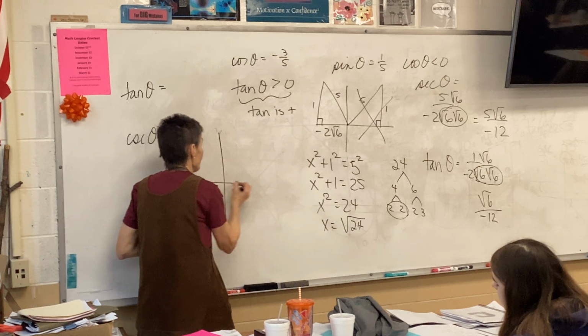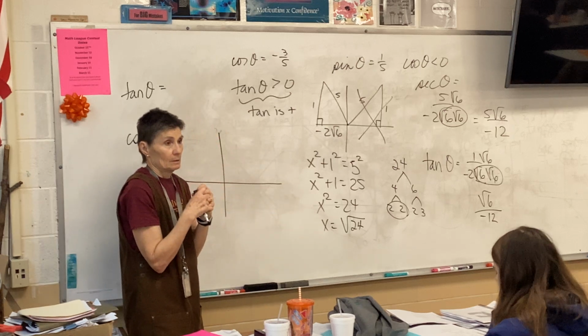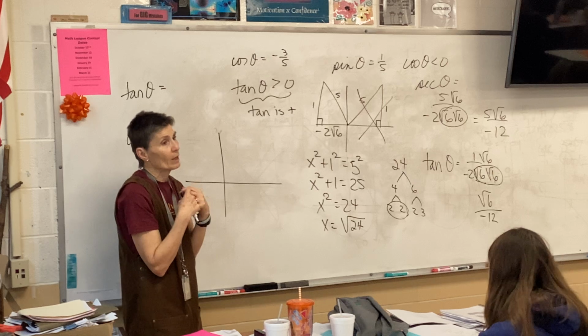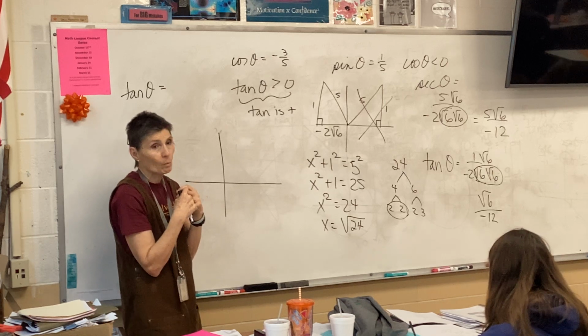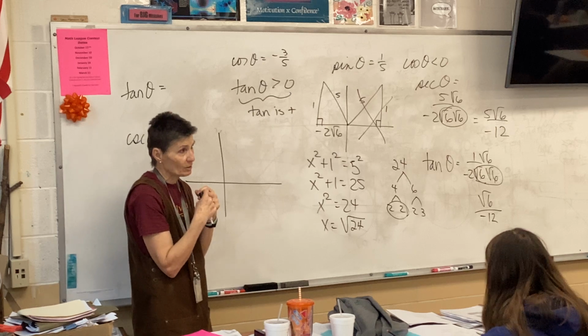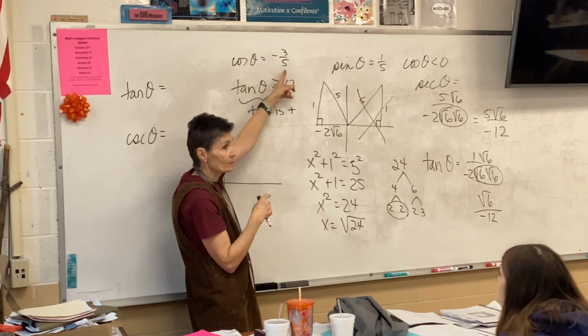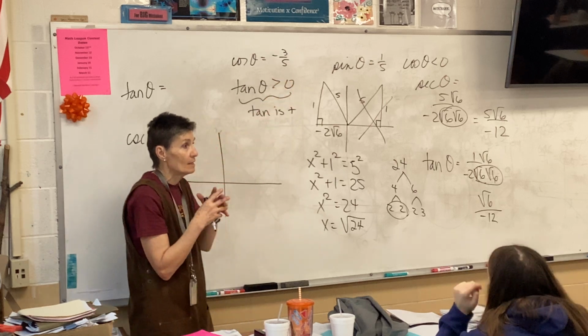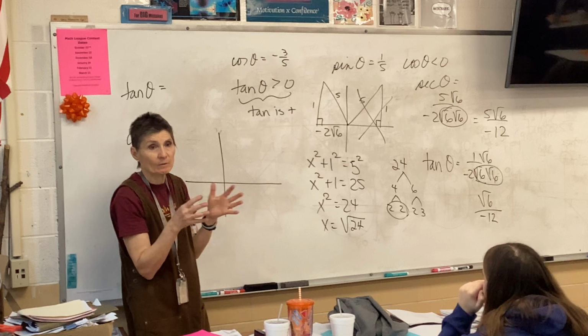So now I need to figure out where I'm going to draw my picture. Do not draw it in quadrant 1. Tell me why I'm not going to draw a picture in quadrant 1. Because the cosine is a negative number, and nothing's negative in quadrant 1.